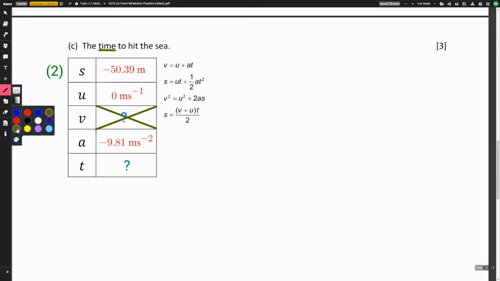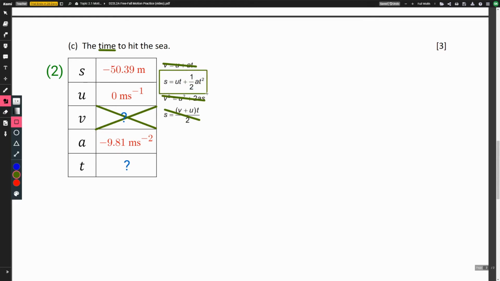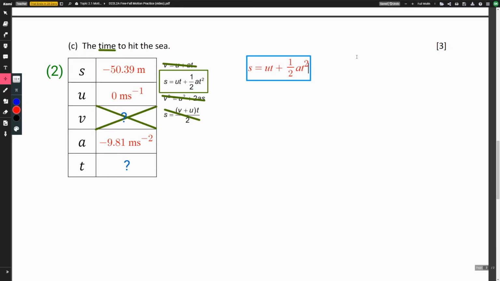So we can figure out what equation to use, because we want to use the equation that's missing the v. So it's not this equation. This is the one here. We're going to cross out the equations that have v's in them because it won't be that equation. So it ends up being this equation that we need to use. So we'll go ahead and type out this equation. S equals ut plus 1/2 at squared.